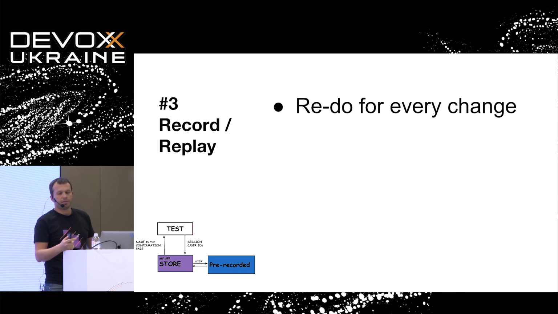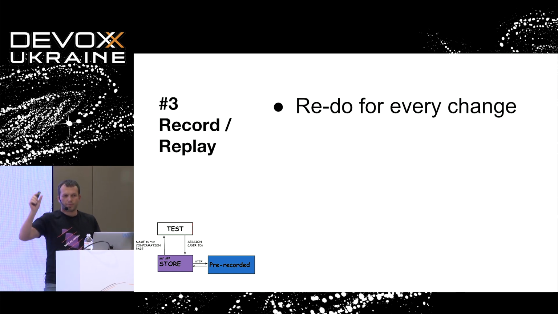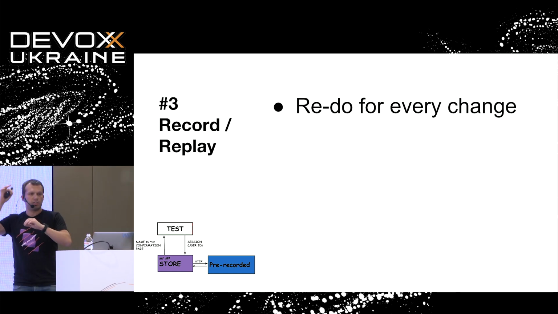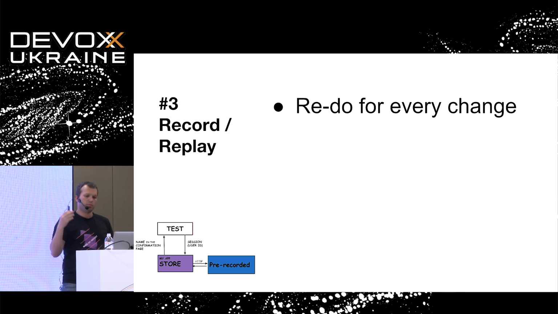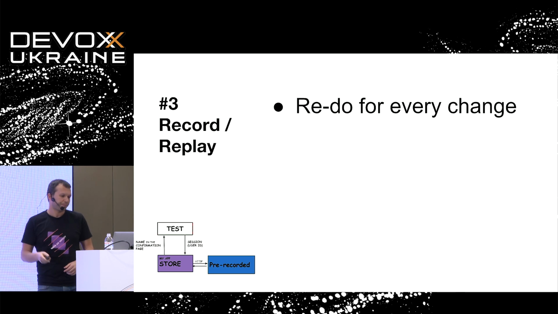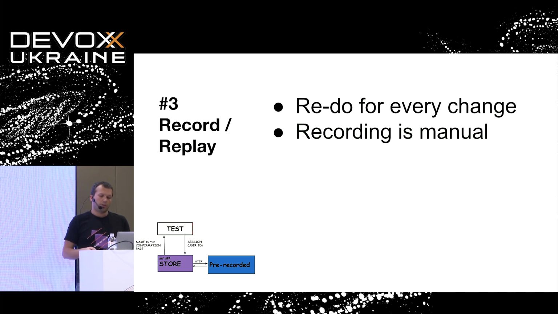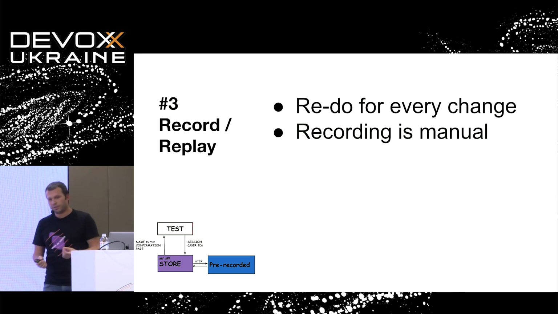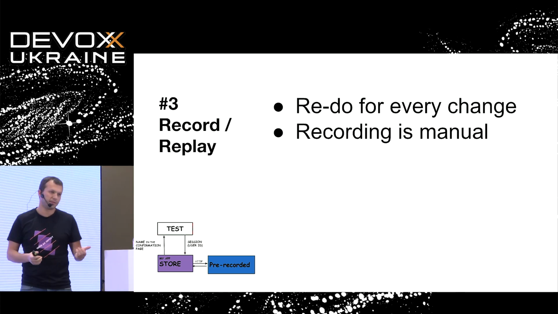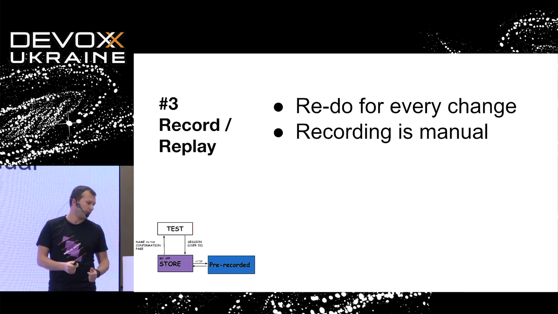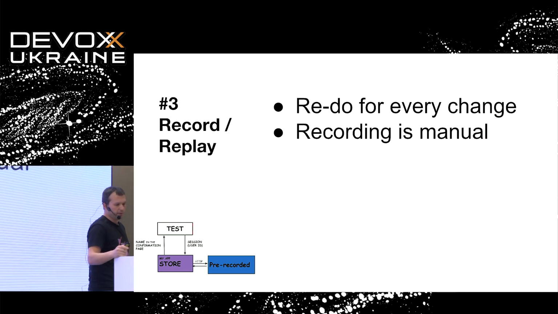For example, you add just one parameter to the API or just one HTTP header. Now you need to do the whole recording again. Remember, this recording is manual, and developers don't like manual stuff. We want everything to be automated.